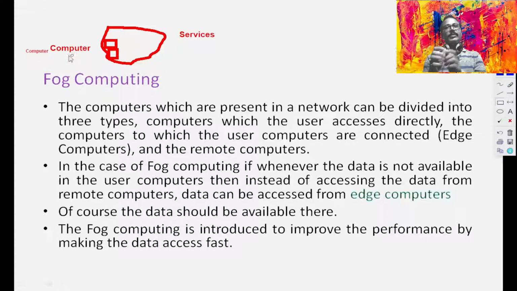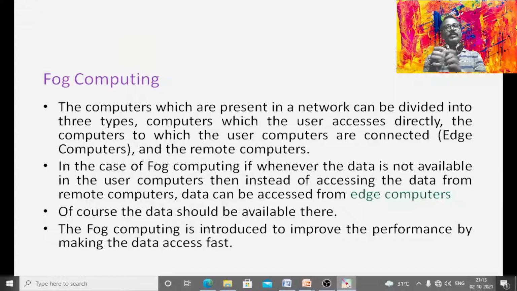Instead of accessing the services over a network from a distant point, this computer will access the services from these computers which are nearer to it. That's why they are called edge computers. The computing is called fog computing. So it is gaining importance nowadays with cloud computing. Whenever quick response is required, go for fog computing. A lot of research is going on.